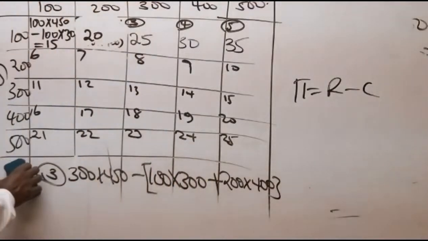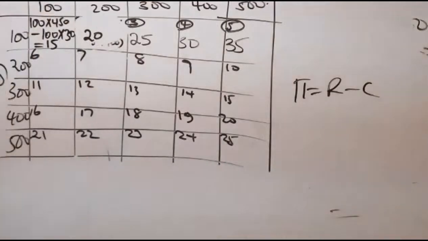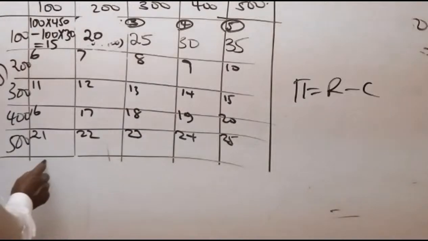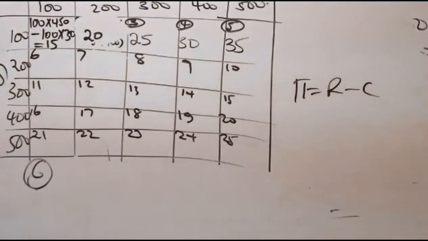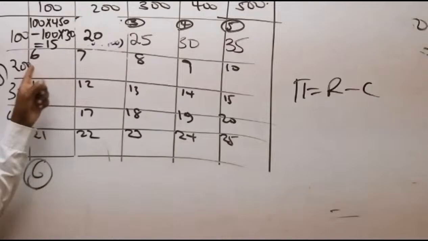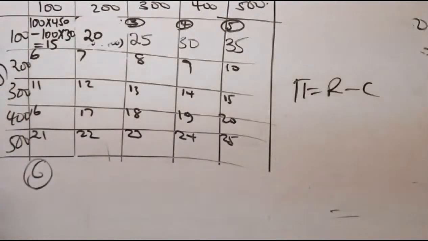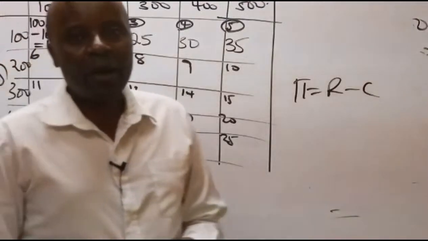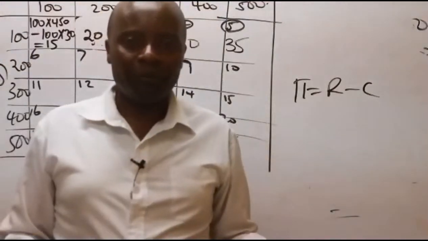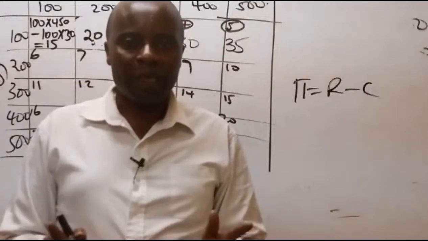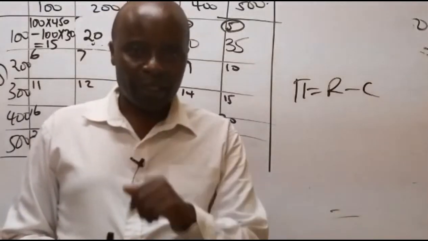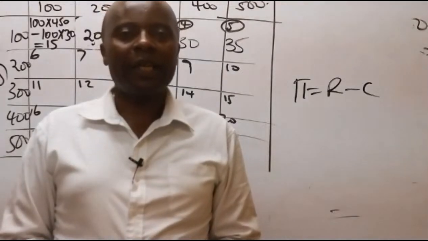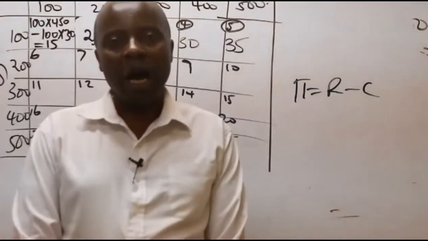Cell number 6, what do we have? For cell number 6, I have supplied 200. And how many have been demanded? It's just like if I'm a fishmonger: I go to the market with 10 pieces, and then I get 2 people wanting to buy.